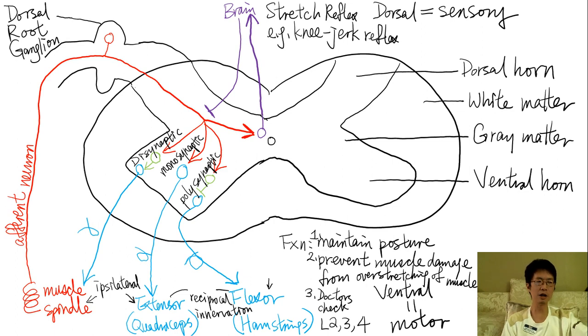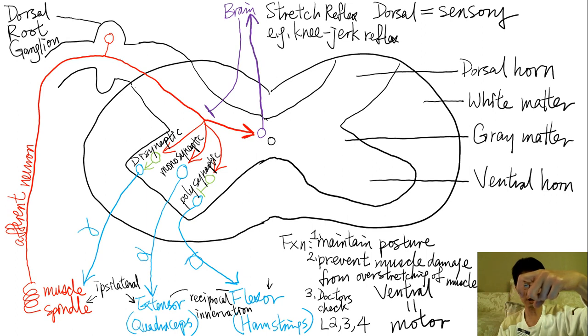No, people who have lower back injury that damage the L2, L3, or L4 will usually have weaker knee-jerk reflex. Weaker knee-jerk reflex meaning that the amplitude of jerking will be smaller.